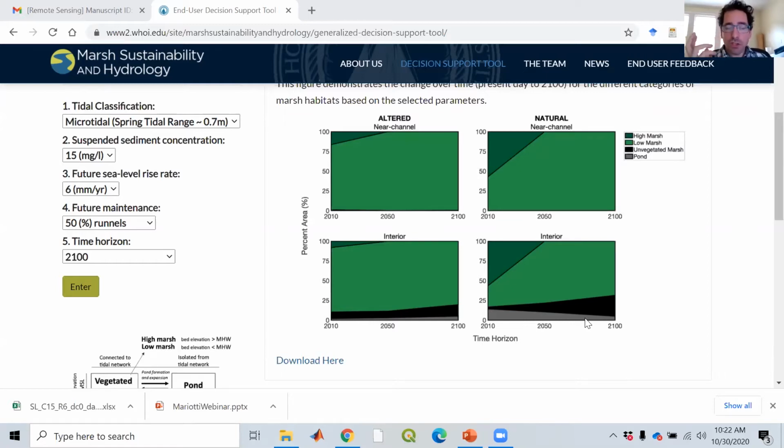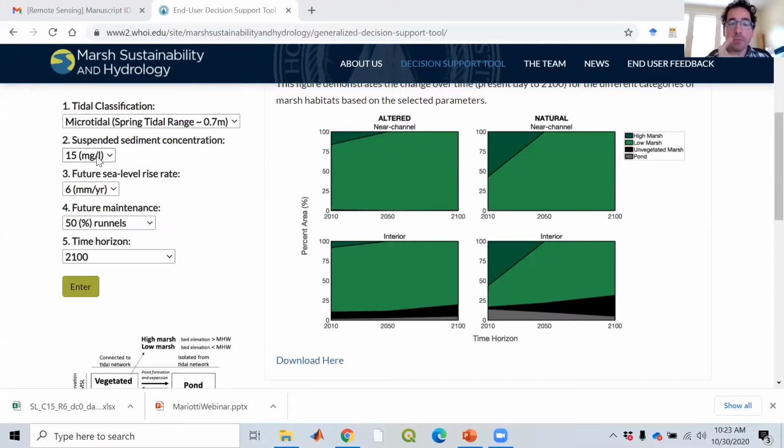So I would say in general, the model should be applicable to a low sediment supply setting. In particular, the model showed that if you have a small tidal range and a small sediment supply, when the pond connects, they don't recover.